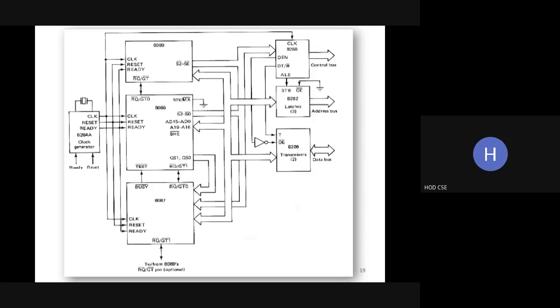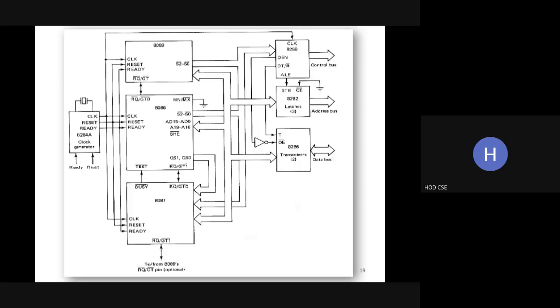The fourth part was multiprocessor concepts: 8087 coprocessor, closely coupled and loosely coupled. And we studied the architecture of the 87 coprocessor, and the 8089 IO processor is over. Almost this unit is over. Only one topic is left over: introduction to advanced processors.